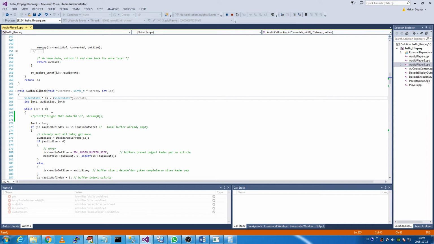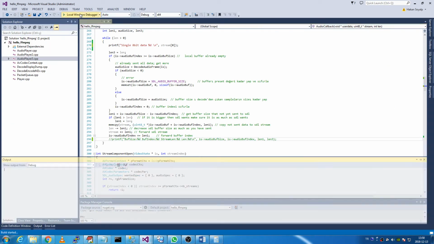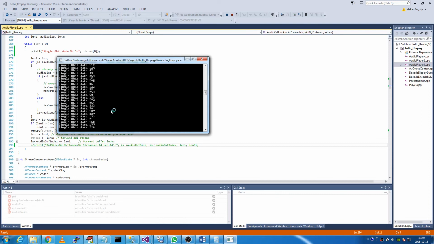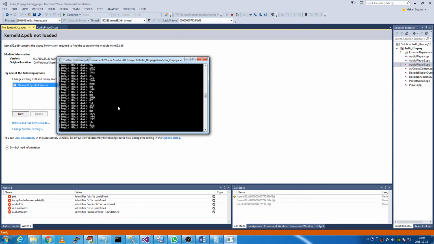Suppose let's see the data we have sent to the SDL. See, we are just sending numbers to SDL.